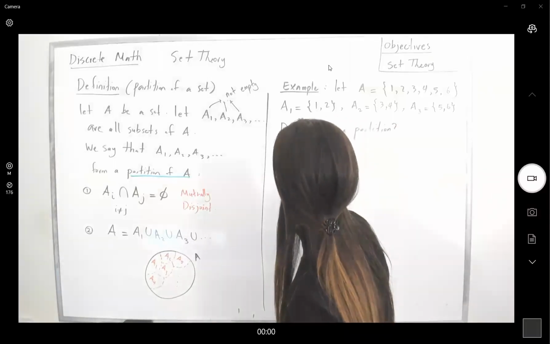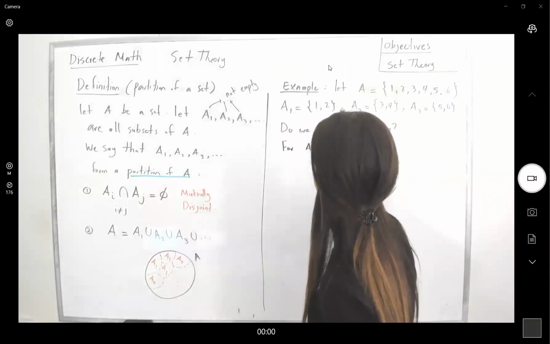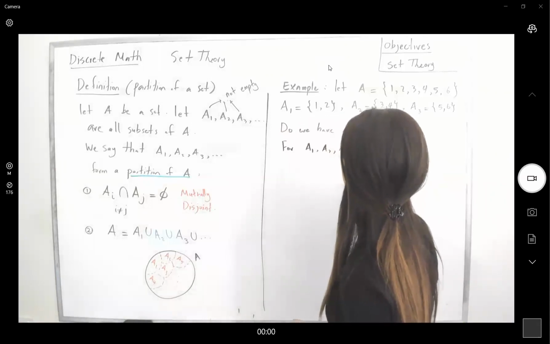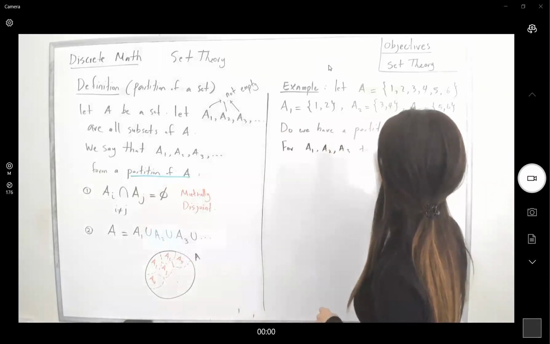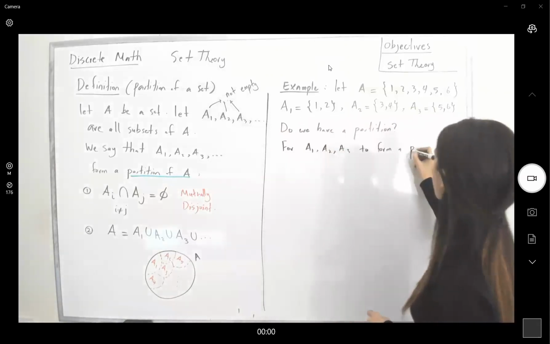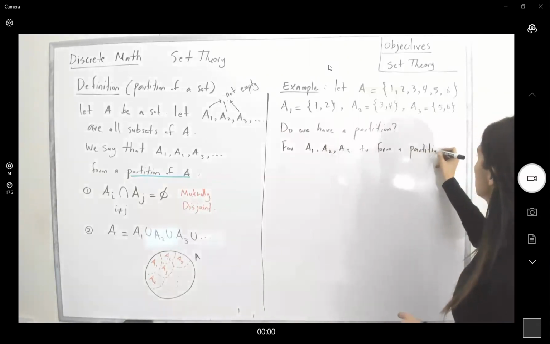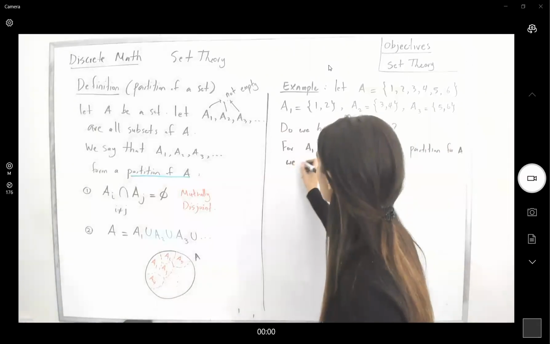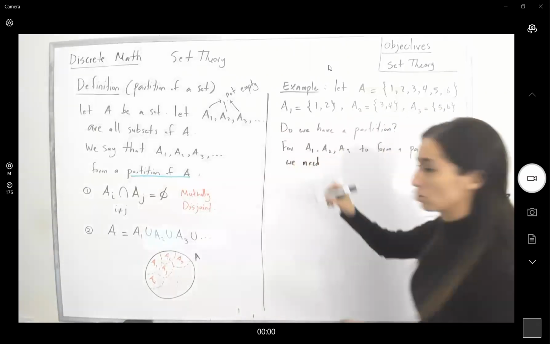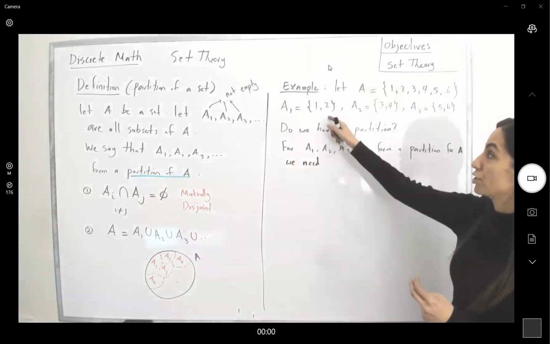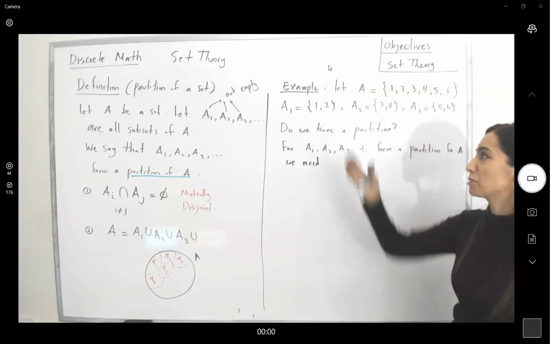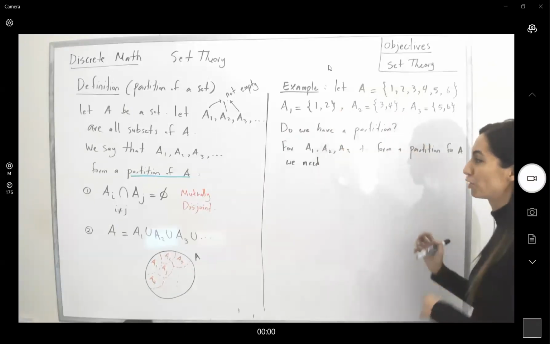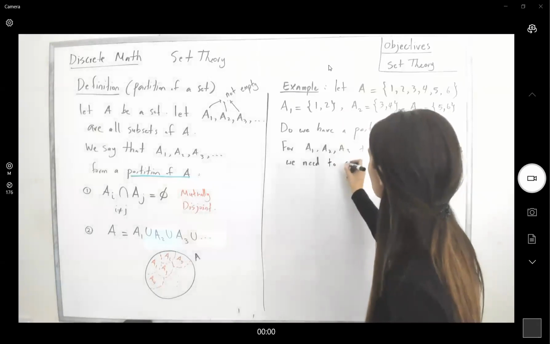So for A1, A2, and A3 to form a partition for A, we need to check 2 conditions. Actually, we need to check 3 conditions. Each one of these must be non-empty, but they are non-empty, so we're not worried about that.